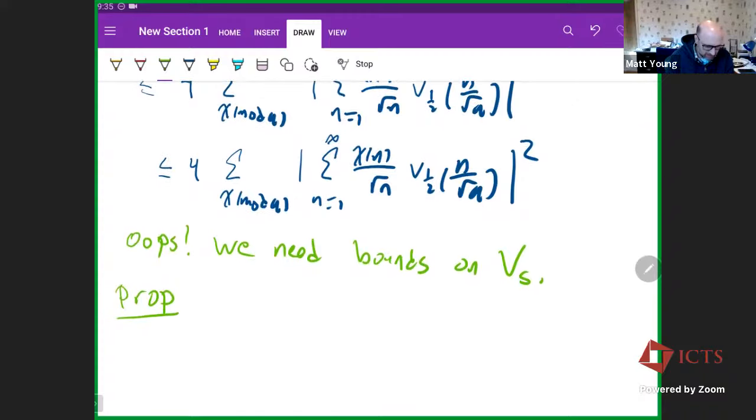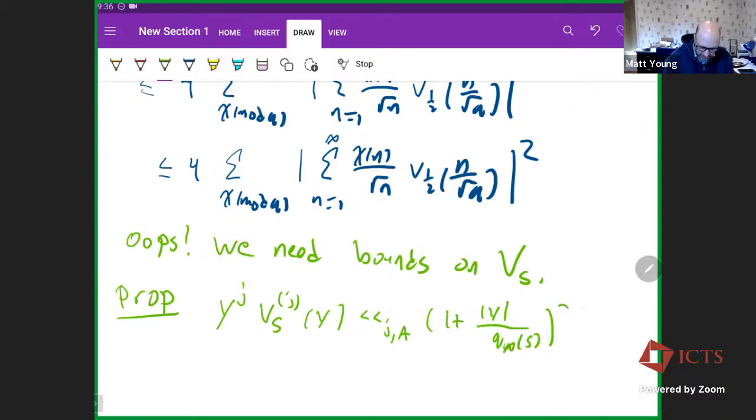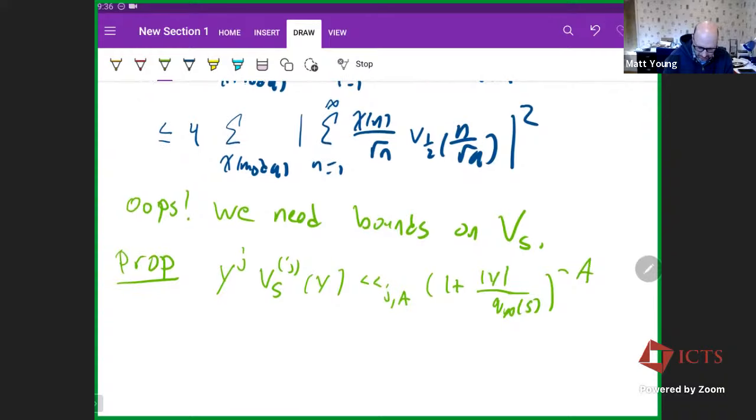The result that I want to claim is that if you take your v function, take the jth derivative of it, and multiply by y to the j, then this is bounded by 1 plus y over the conductor to the negative any power you like, negative a million power, as y goes up to infinity. I mean, this is just a bound.